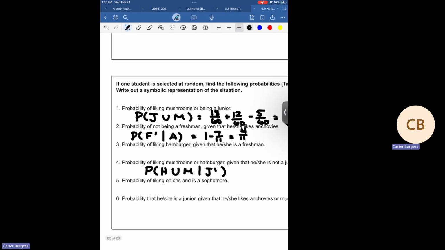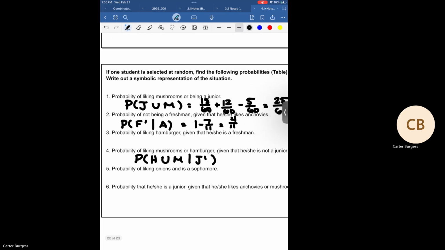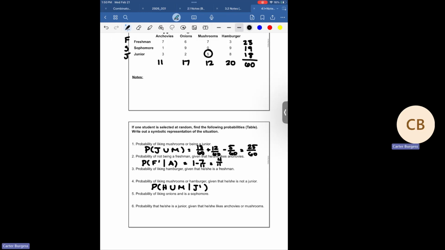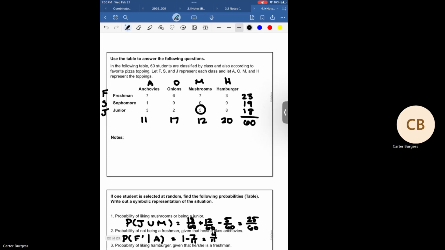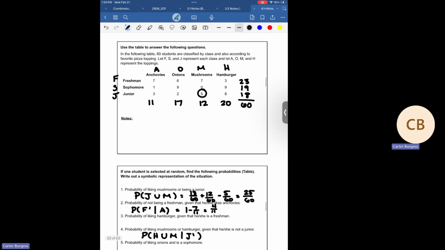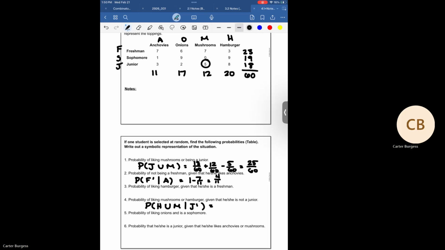Number four, looking at number four. Okay. If we are not juniors, how many people are we potentially looking at? If we are assuming that this individual is not a junior, we are looking at 42. Okay.